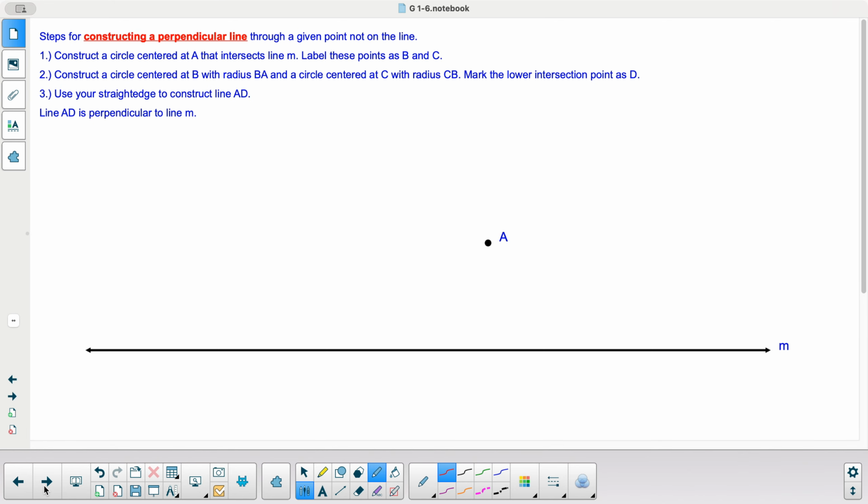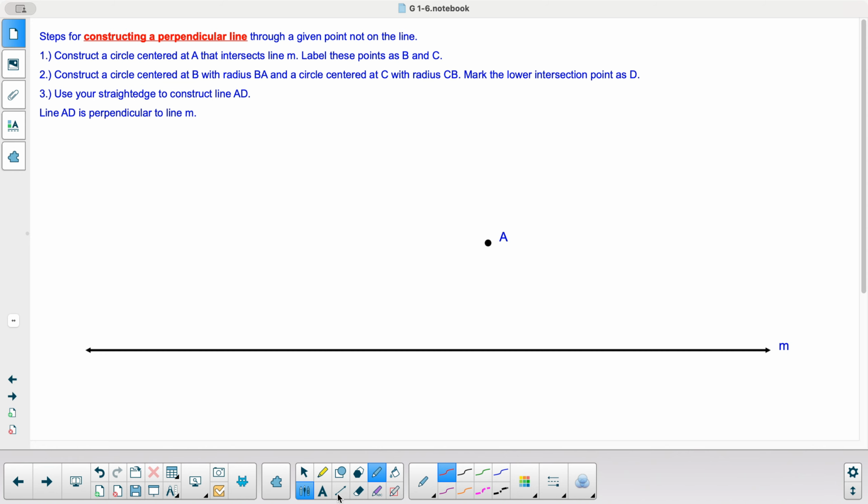All right, so let's get on to these construction techniques. That was basically just a little bit of review, some things that maybe you had in earlier classes. So we're going to construct a perpendicular line through a given point, not on the line.